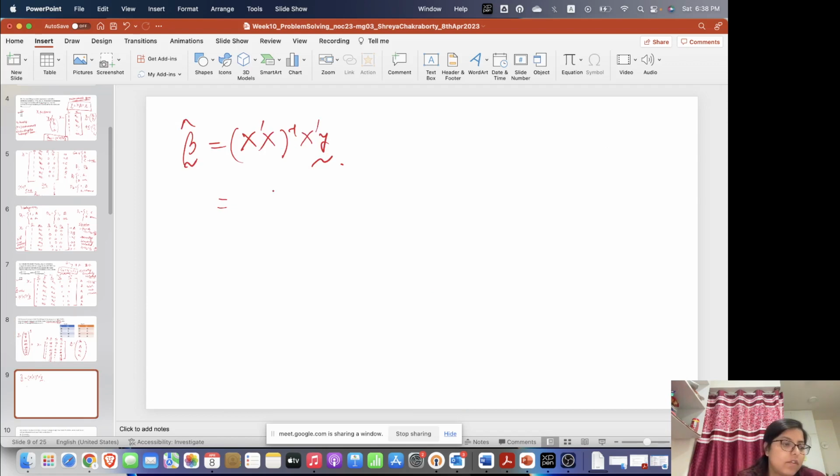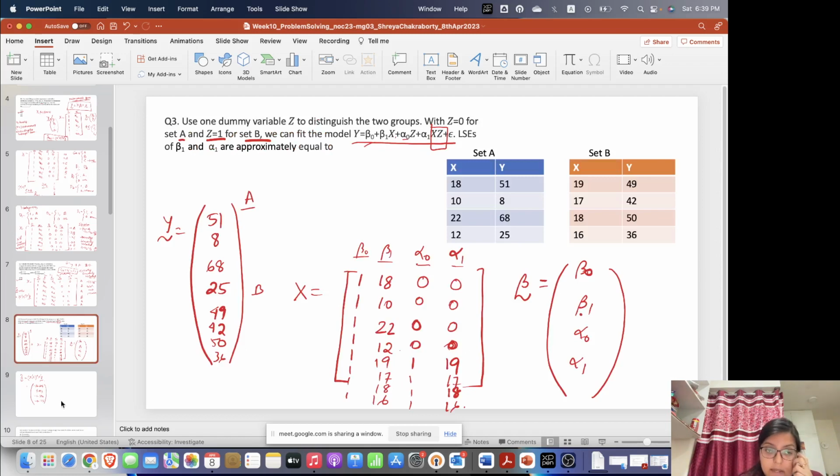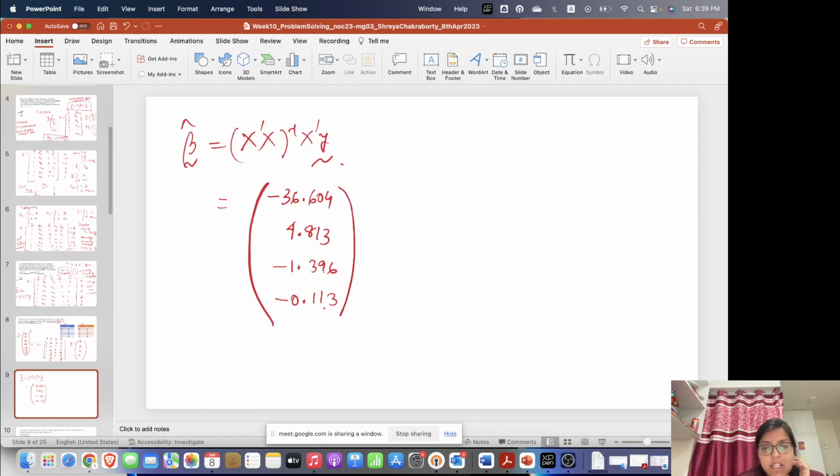So if you do this with those matrices, we would get the estimates of betas. I've already done it. So it would be something like this: minus 36.604, 4.813, minus 1.396, minus 0.113. Okay. So using these x's and these y's, we would get a beta hat such as this.